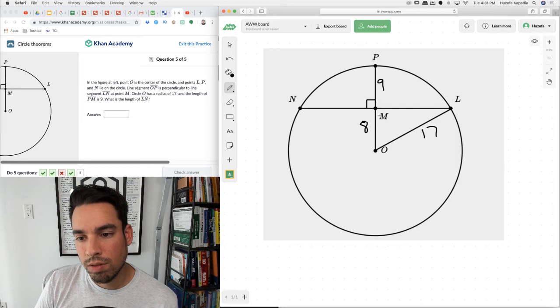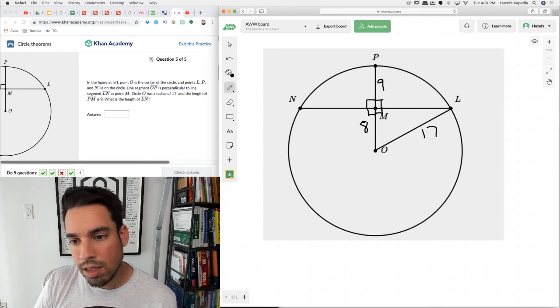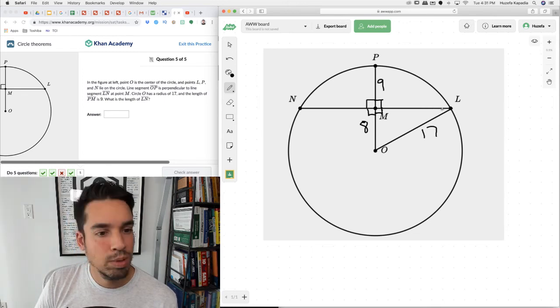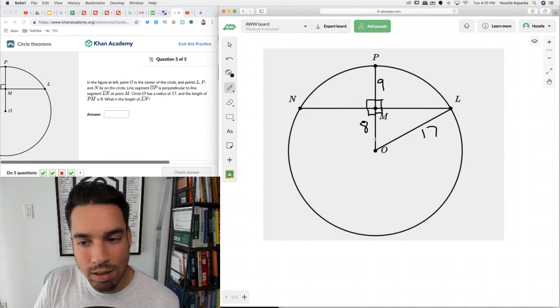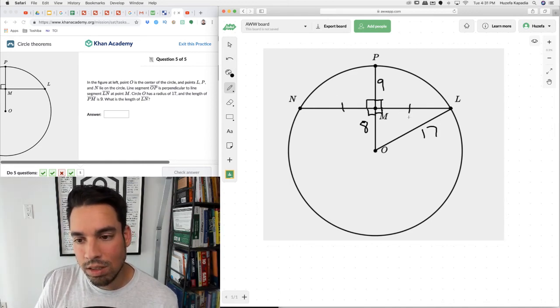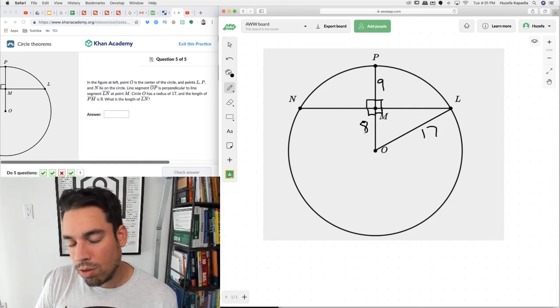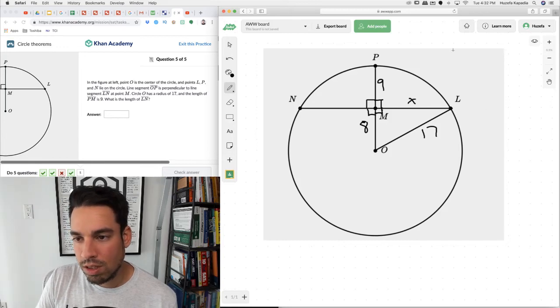So we want this going across. You already see we have this set up perfectly. Now we have a right triangle with 8 and 17, and we need to find this distance. We need to find this whole distance, and again, it's bisected. These two segments are equal because this is a radius that's perpendicular to it. So how do we do this again? Pythagorean theorem. 8 squared plus x squared equals 17 squared.